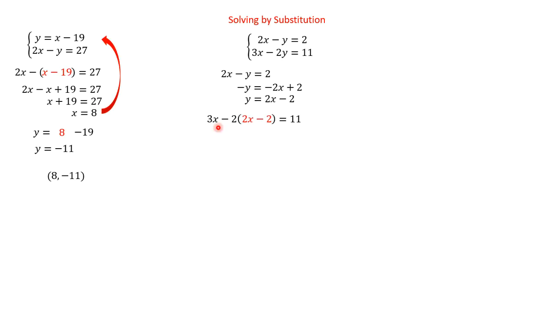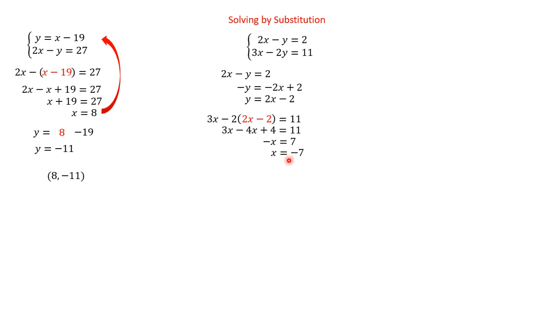And now we have one equation with one variable. We can distribute to get 3x minus 4x plus 4 equals 11. We can combine our terms. 3x minus 4x is negative x. Subtract the 4 over to get negative x equals 7. If negative x equals 7, that means that x equals negative 7.